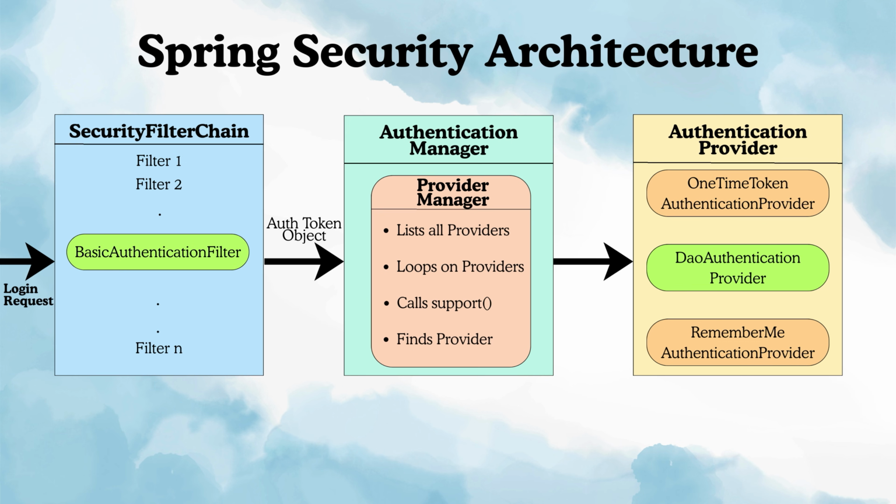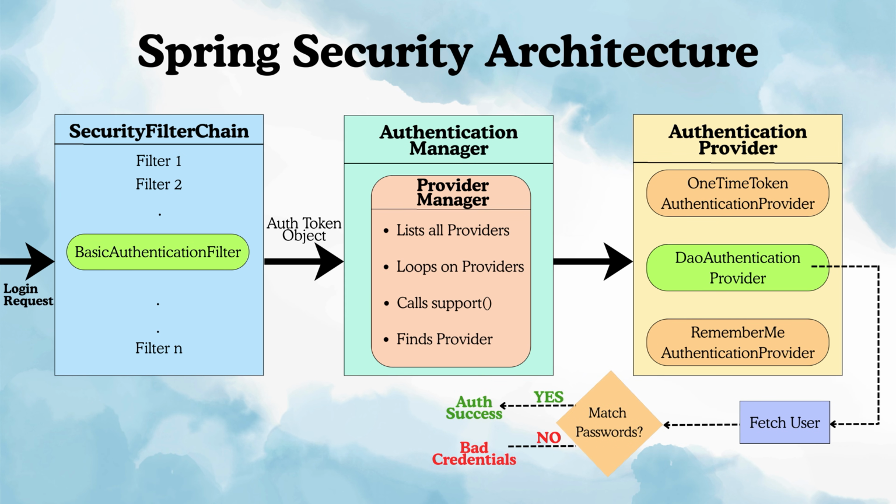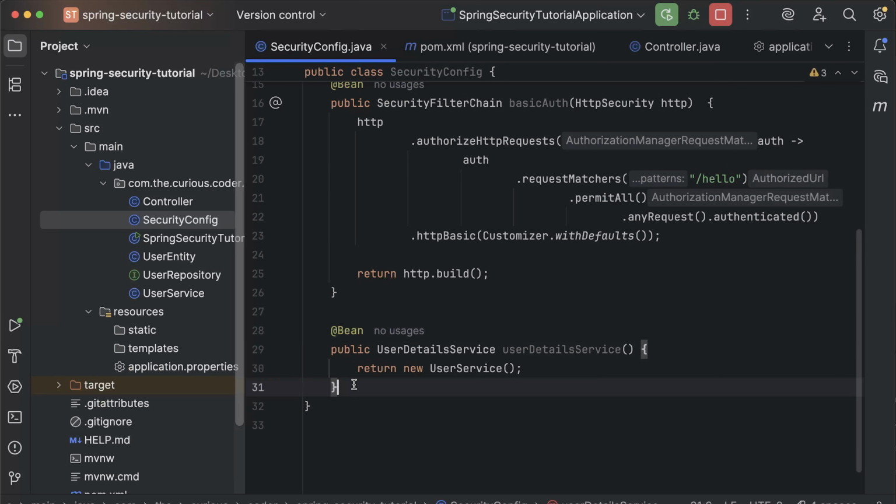By core logic, I mean the place where the user is fetched from the user details and the password is matched. That password matching and the retrieving of the user takes place in the DAO provider. I'm telling you all this because we are giving some implementation of our own. We are making a few changes, so we will have to configure this DAO provider as well.